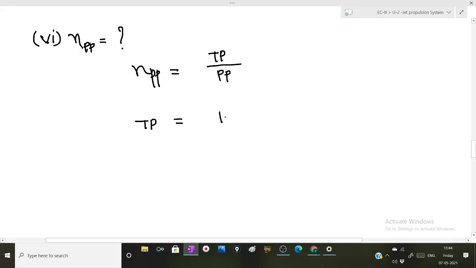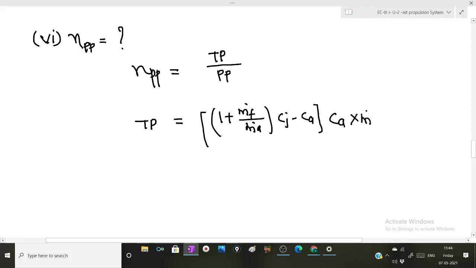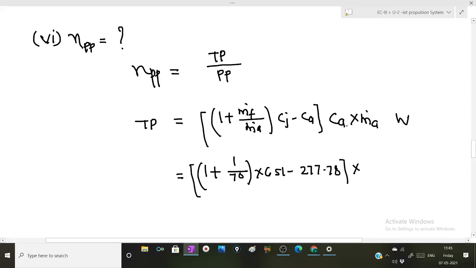Thrust power is nothing but 1 plus m dot f over m dot a, into Cj minus Ca, multiplied by Ca into m dot a, and its unit will be watt. 1 plus 1 over 70 into 651 minus 277.78, multiplied by Ca, that is 277.78.